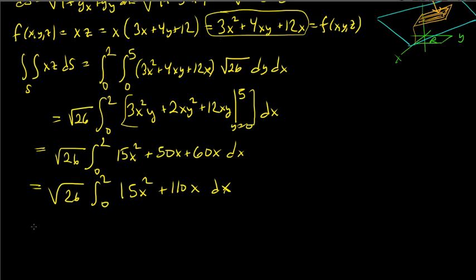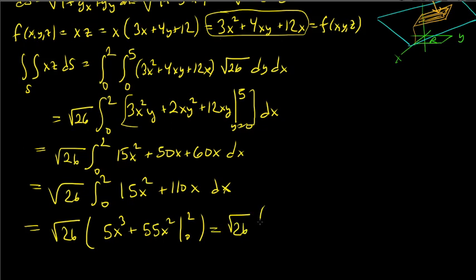Now we just integrate with respect to x. And that's going to be 15 times, oops, sorry, 15 divided by 3 is 5x cubed, plus 110 over 2 is 55x squared. And x varies between 0 and 2. When you plug in 0, you get 0. So this is square root of 26 times 5 times 2 cubed plus 55 times 2 squared.